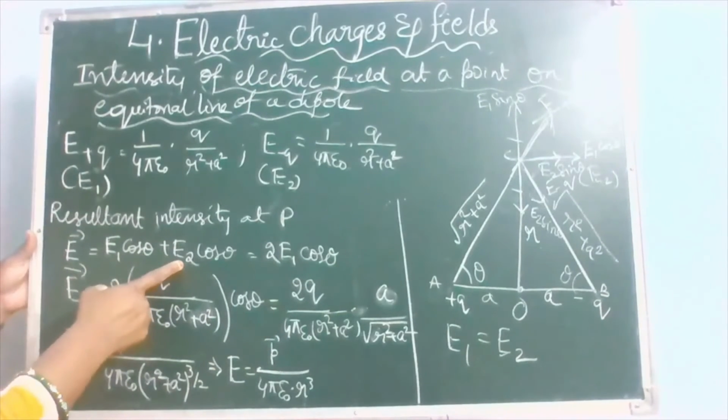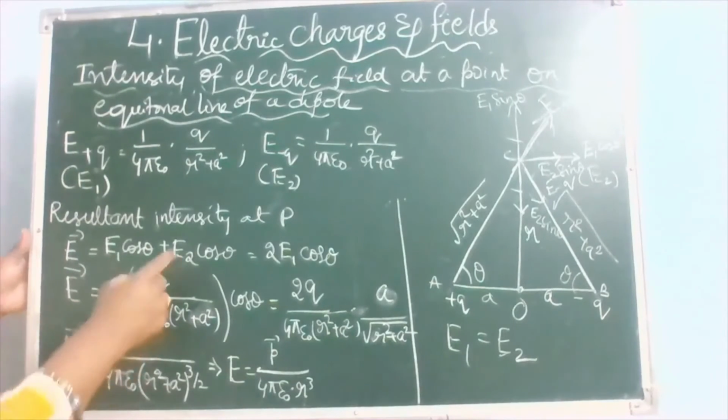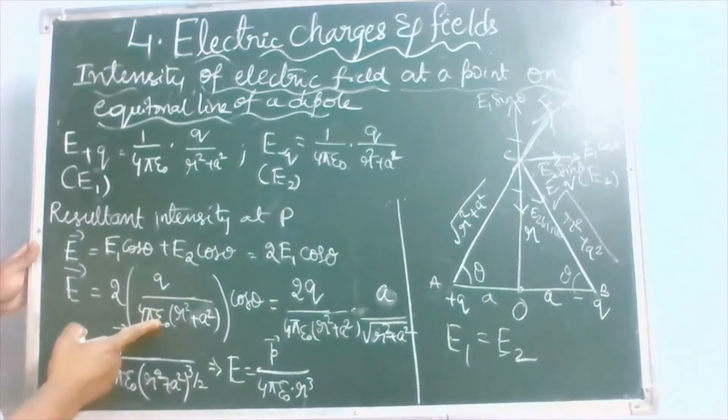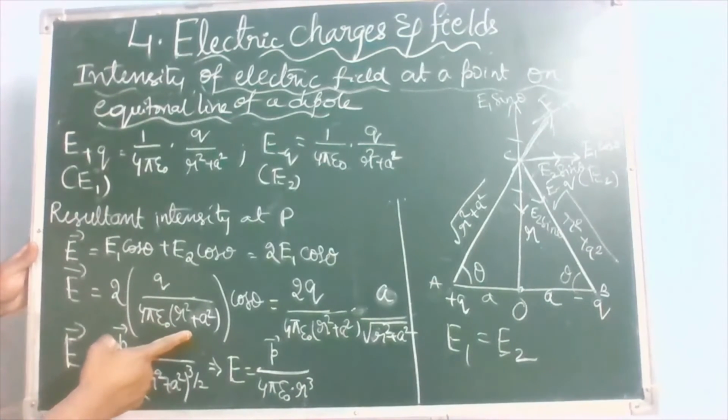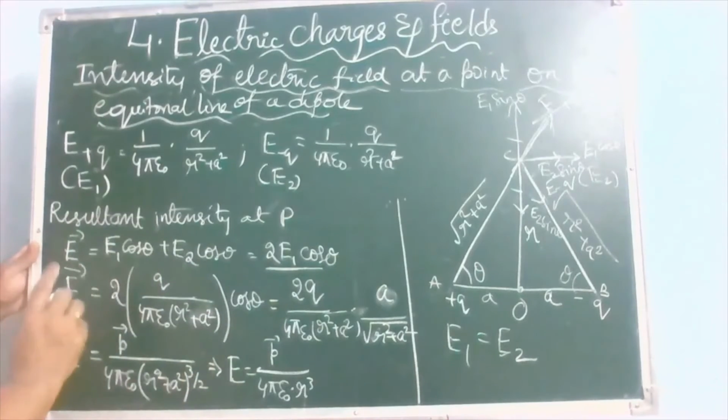So that is equal to 2 into the value of E1, which is Q by 4 pi epsilon naught into R square plus A square, into cos theta. This is the resultant electric field intensity.